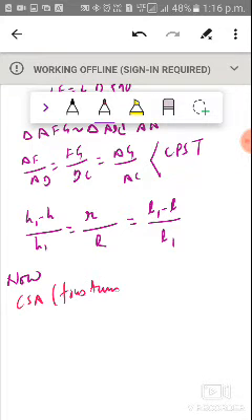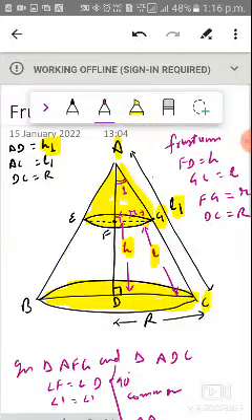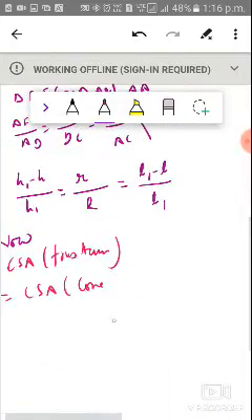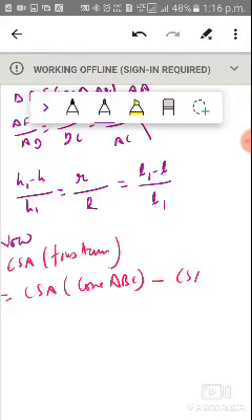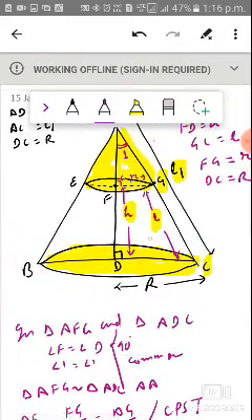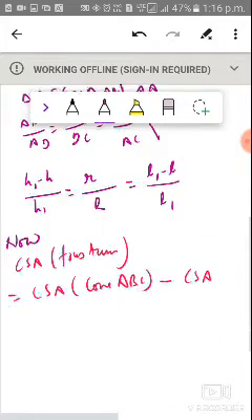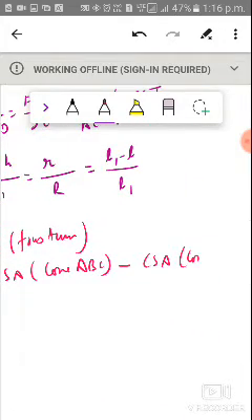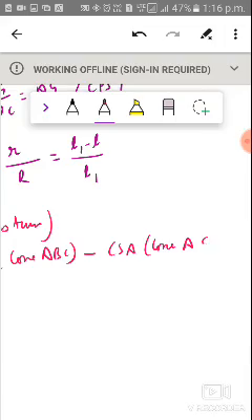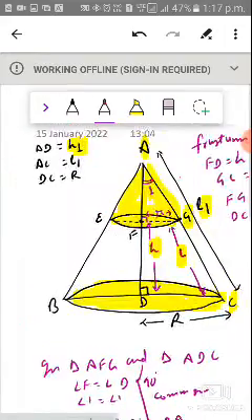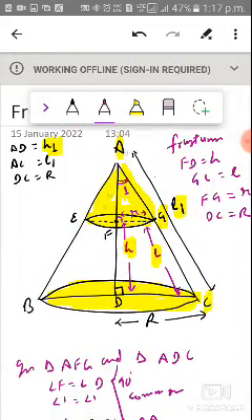So CSA of frustum will be equal to CSA of cone, that is the bigger cone ABC, minus CSA of the smaller cone, that is AEG. Right? CSA of ABC minus CSA of cone AEG, right?